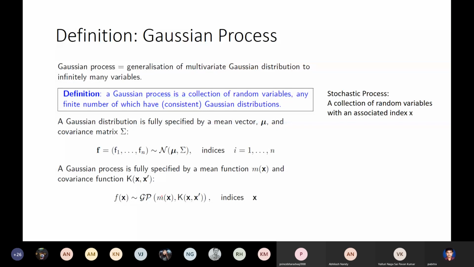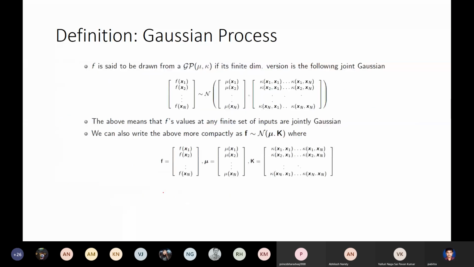And it has two parameters, the mean function m(x) and the kernel function k(x, x prime). So this is an algebraic way of saying what I say.